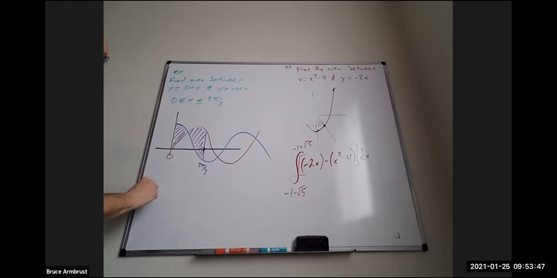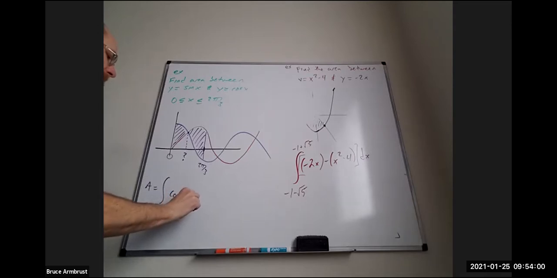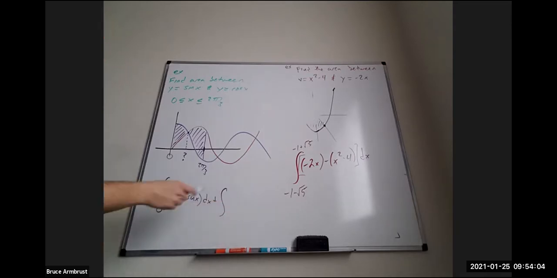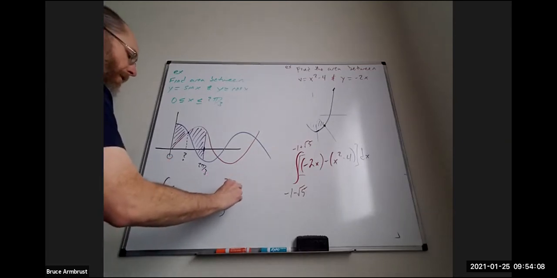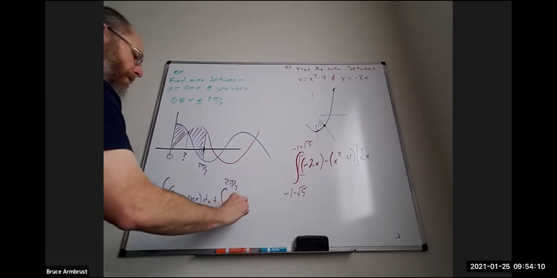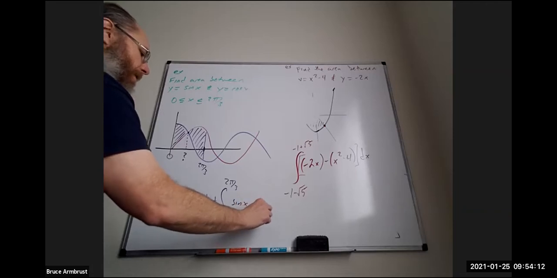This area is equal to, the first one is going to be from 0 to somewhere. We'll worry about this somewhere in a second. But for the first integral, it's going to be cosine minus sine. And then we're going to add to it another integral that goes from that spot to 2 pi over 3 of sine minus cosine.